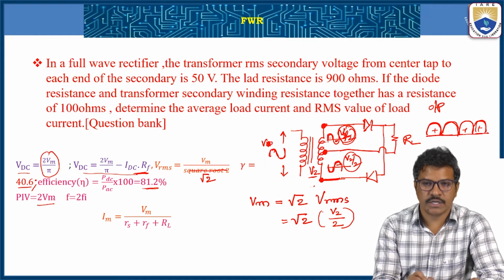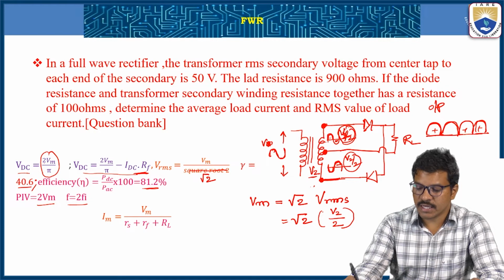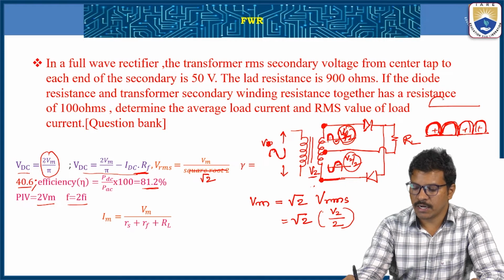Peak inverse voltage is 2 into Vm, and frequency is 2 into F, because the cycle gets repeated every half cycle. Basically, this is the AC input signal.